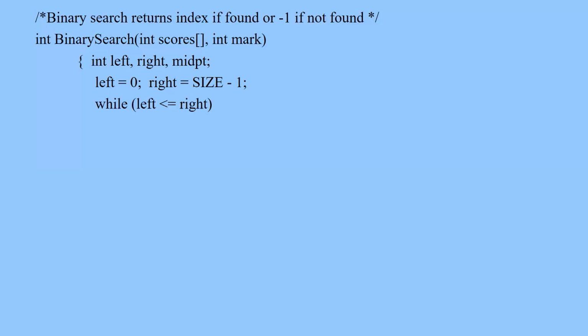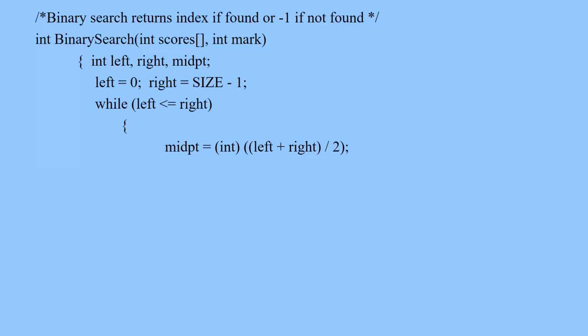Then we check if this condition is correct. So when the content of memory location record left is less than or equal to the content of memory location record right, do the following. Pick what is in the memory locations left and right, add them, and divide by 2.